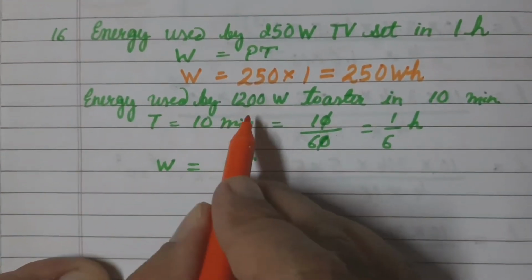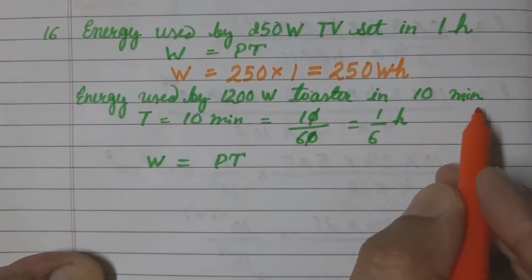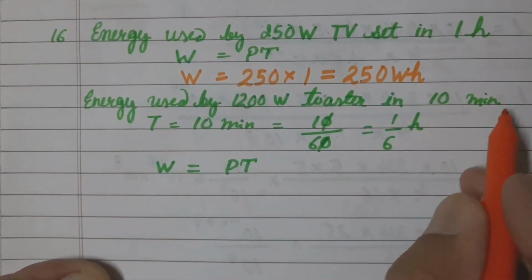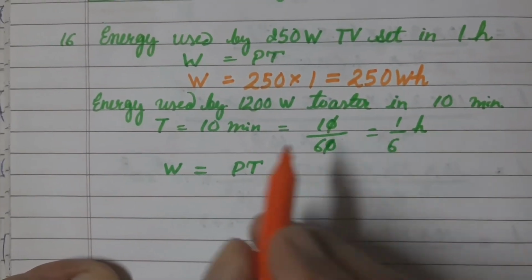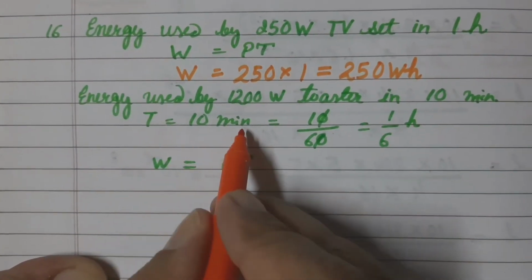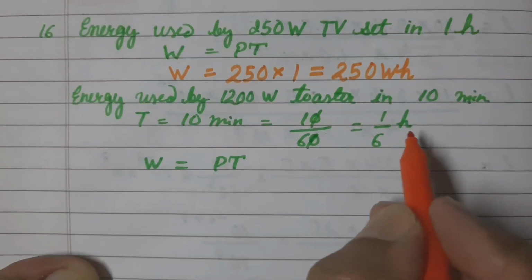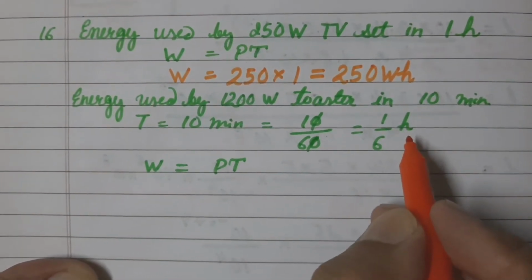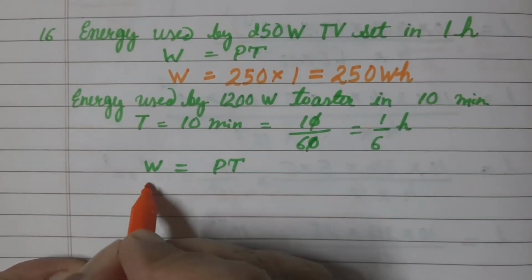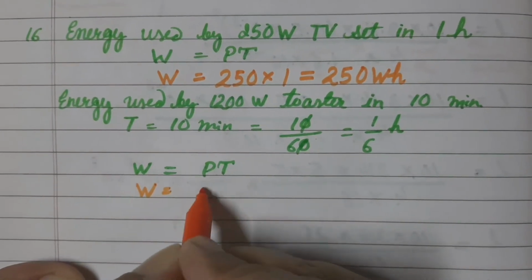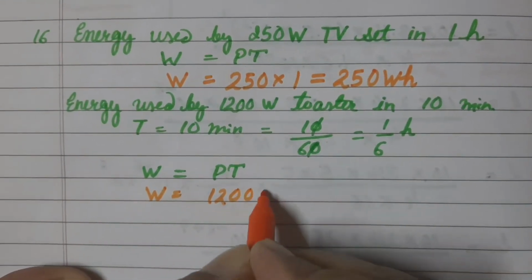Energy used by a 1200 watt toaster in 10 minutes. Time is given in minutes. We have to convert it into hour. Time 10 minutes, we can calculate it by dividing by 60. It will be 1 by 6 hour. So W is equal to PT again. Power is 1200.